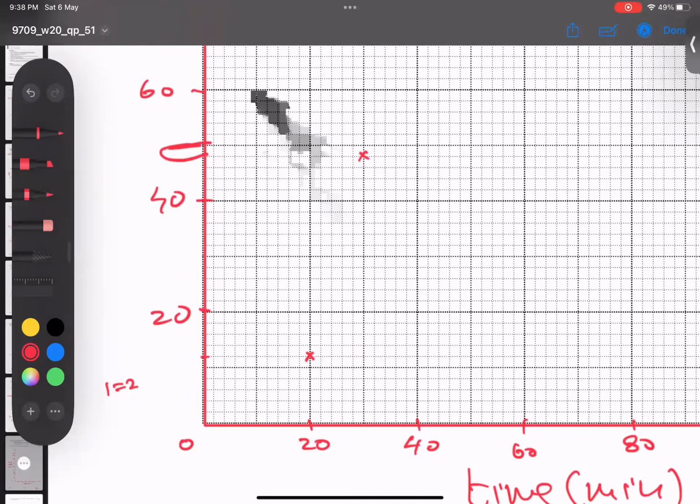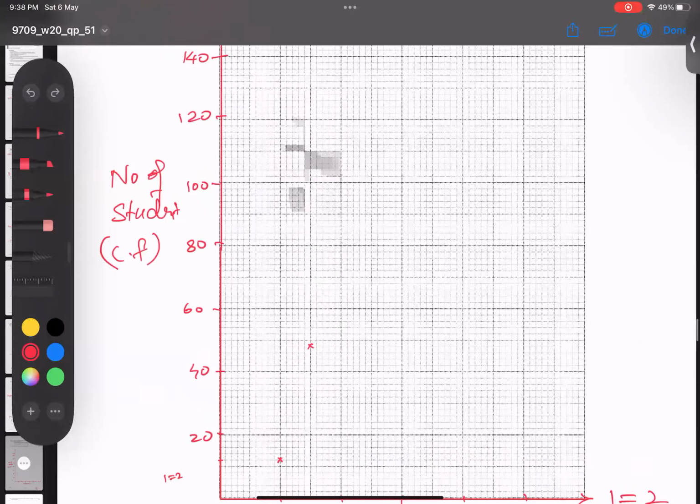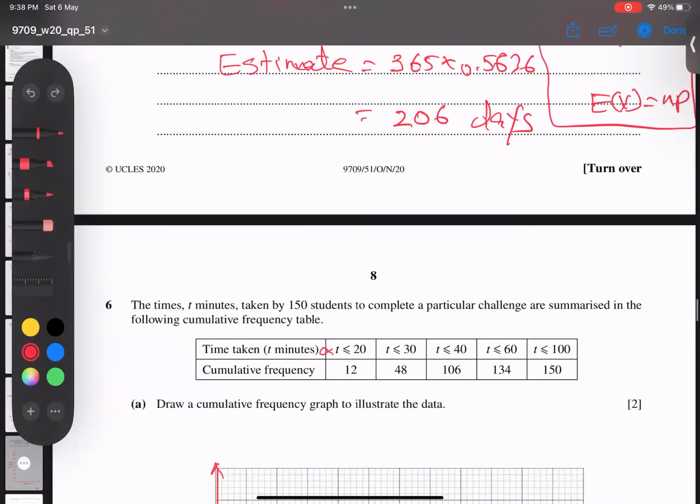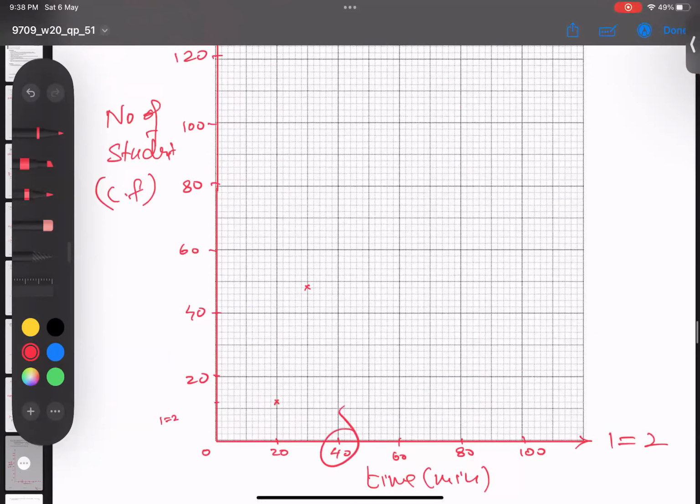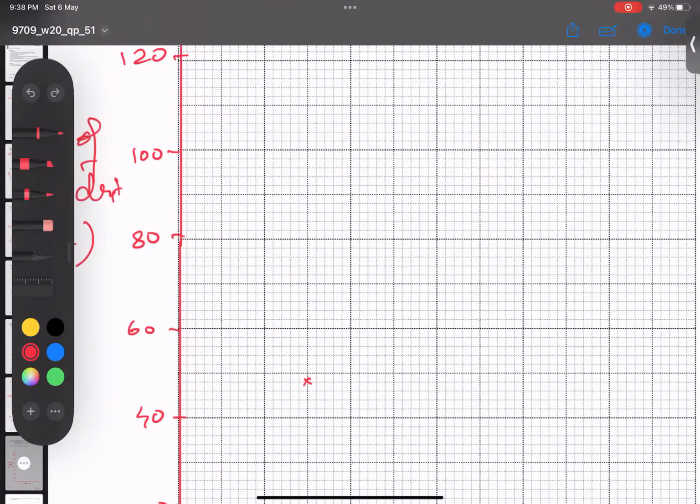The reason is 50 and 1 box down is 48. Next is 40 and 106. 40 comes from here and 106, so 3 boxes above. Okay. Now I can go for the next.